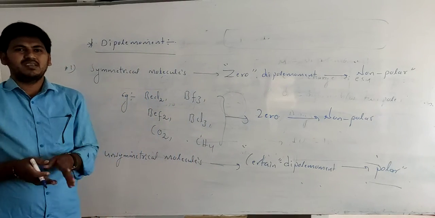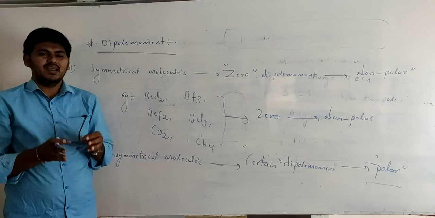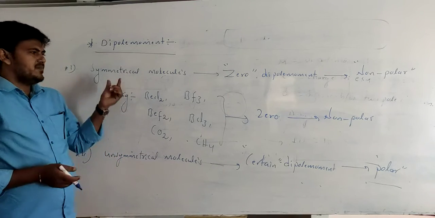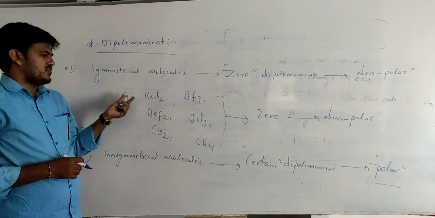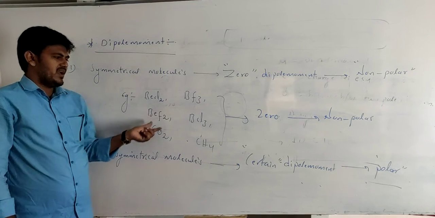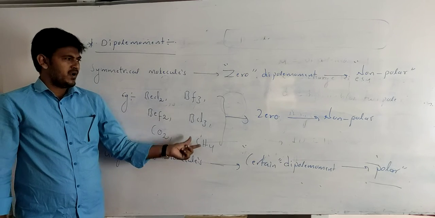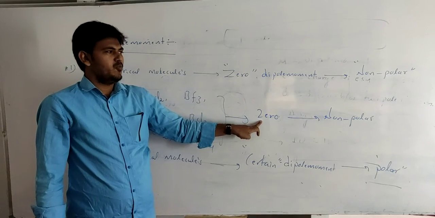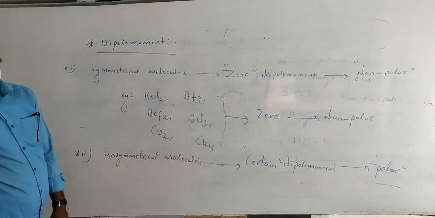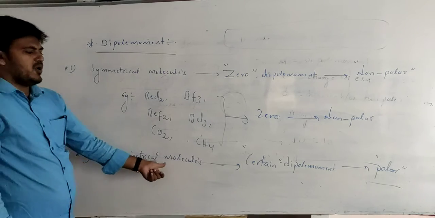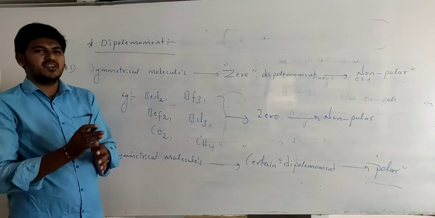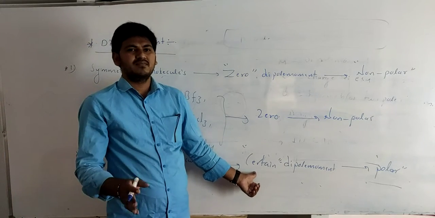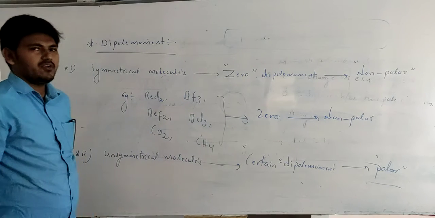Examples of symmetrical structures: linear, trigonal planar, tetrahedral, trigonal bipyramidal, etc. Examples of symmetrical molecules: beryllium chloride, carbon dioxide, boron trichloride, methane, etc. Next point, unsymmetrical molecules, that means distorted structure compounds. Unsymmetrical molecules have a certain dipole moment, so they are polar molecules.